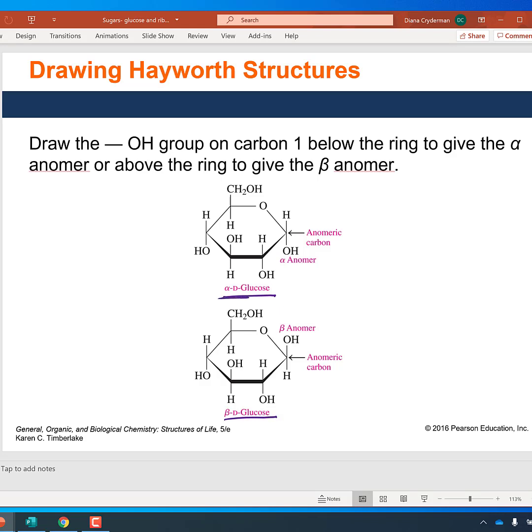So alpha is down, and we call these anomers. So the alpha anomer is down, and the beta anomer is up. And that is backwards. I realize we always want alpha to be up. So just remember it's backwards than what we want.